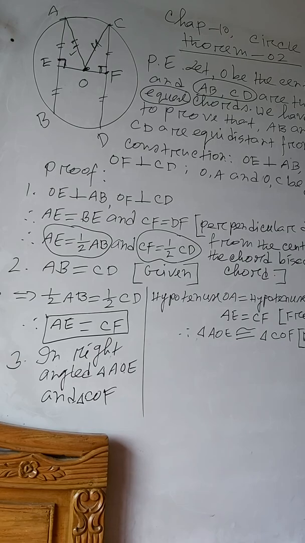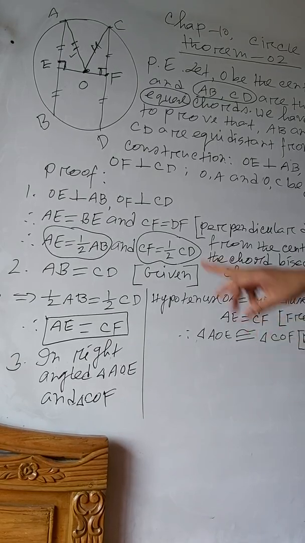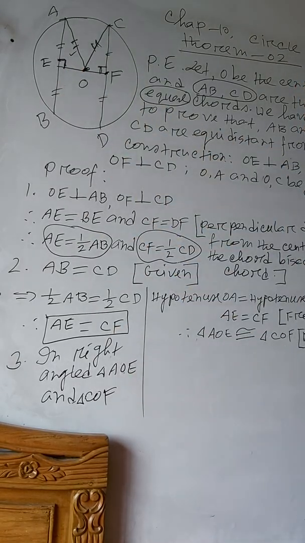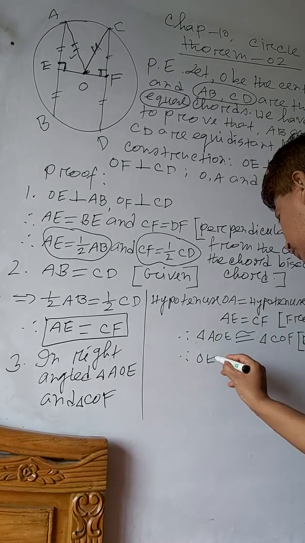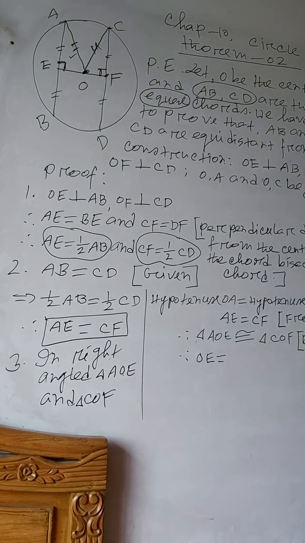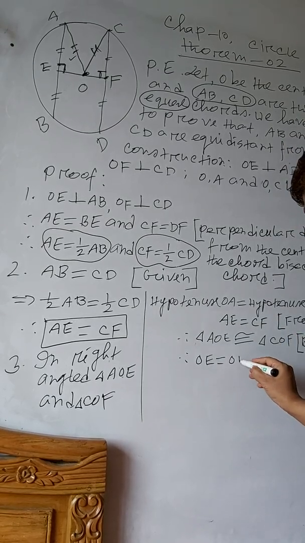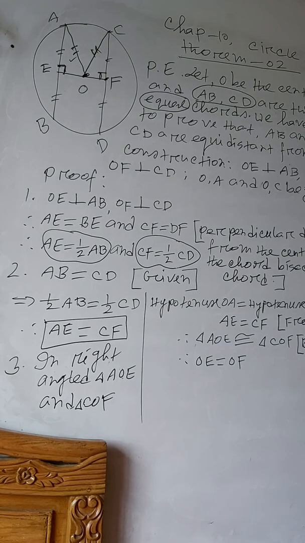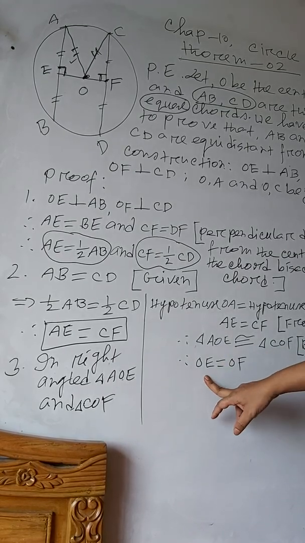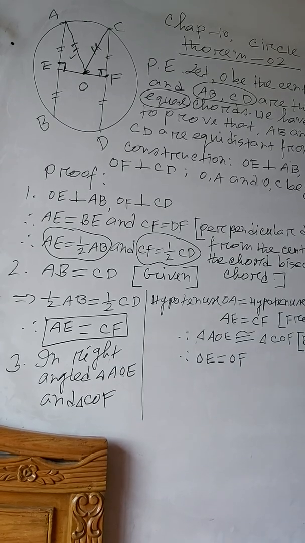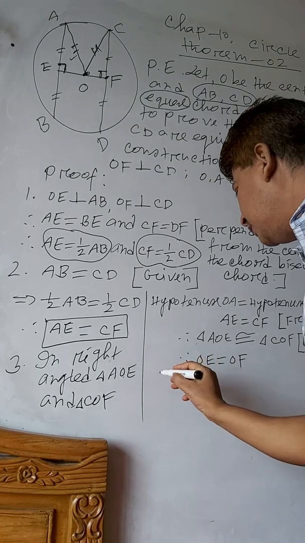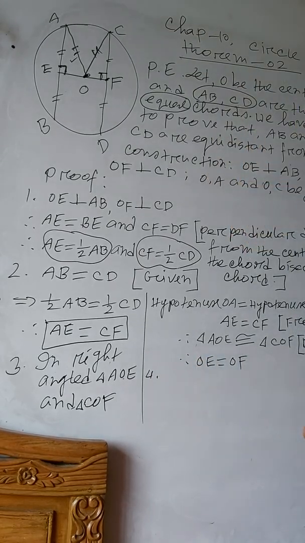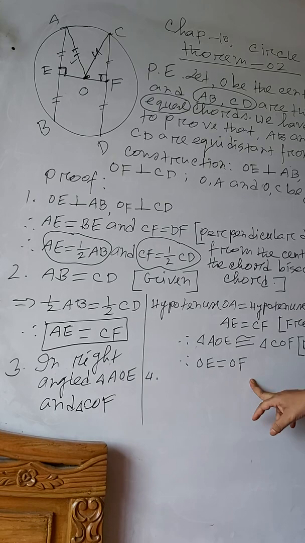Therefore, since the two triangles are congruent, it is crystal clear that OE equal to OF. But from the above figure, it is seen that condition 4, what is OE and OF?